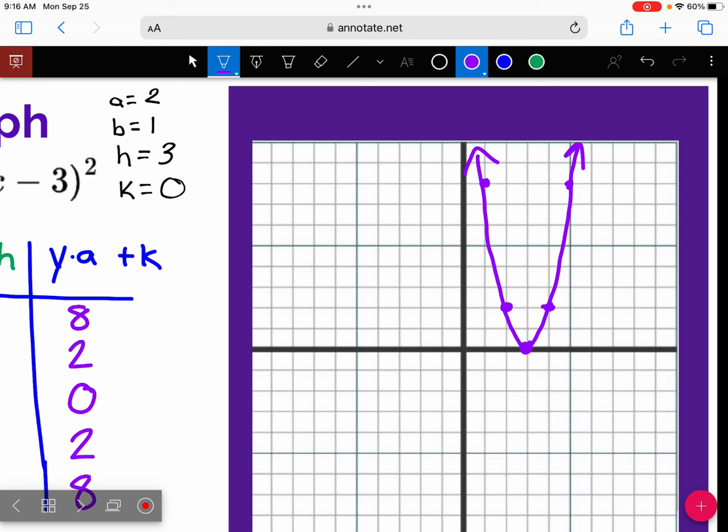So this one should be vaguely familiar, but that's the plan for all of them. X times B plus H, Y times A plus K. The faster you can do it, the easier this is going to be, because we're going to be graphing these a lot. We're going to start taking these and making those piecewise functions.